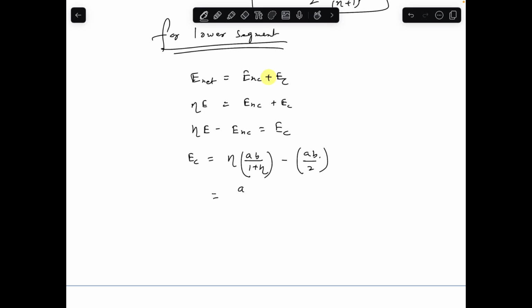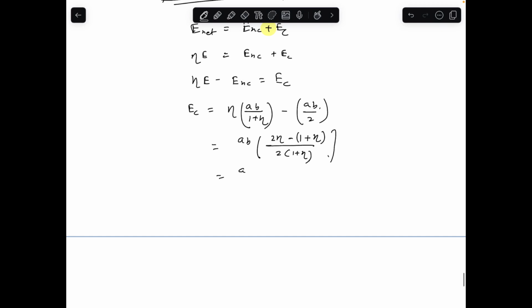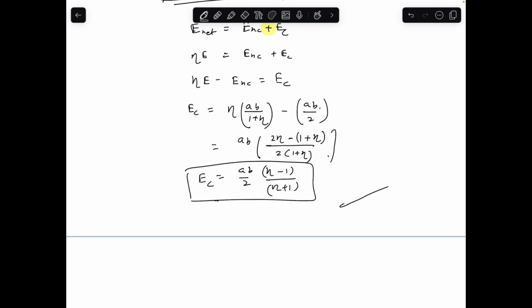So you take AB outside and you get AB times (2 eta minus 1 minus eta) divided by 2 into (1 plus eta). If you solve this, you get AB by 2 times (eta minus 1) by (eta plus 1). So this is the conservative field.